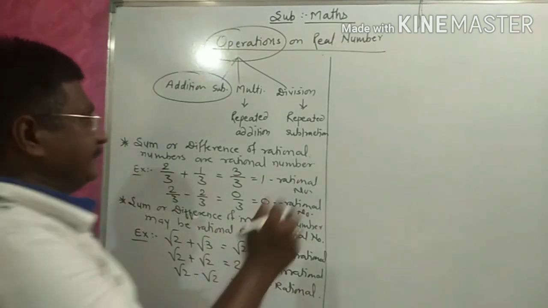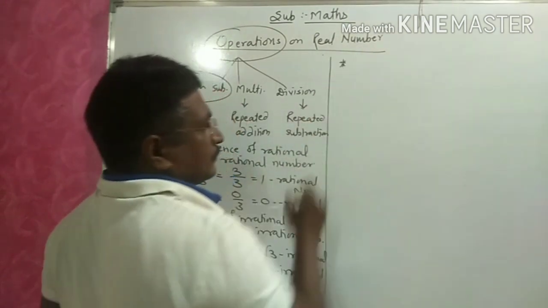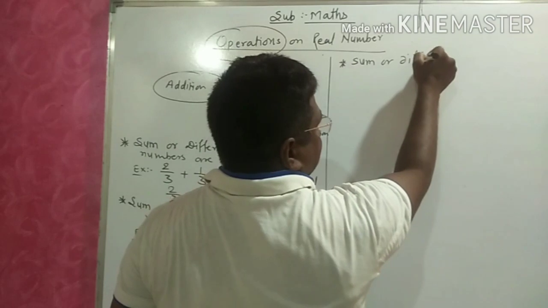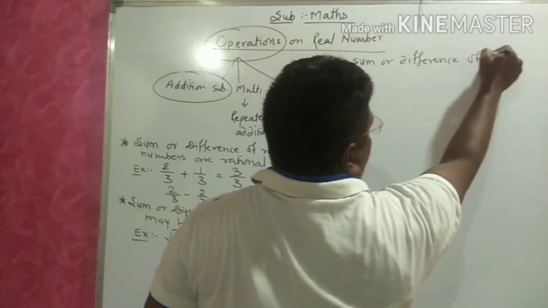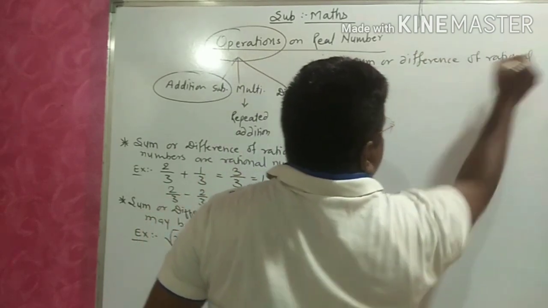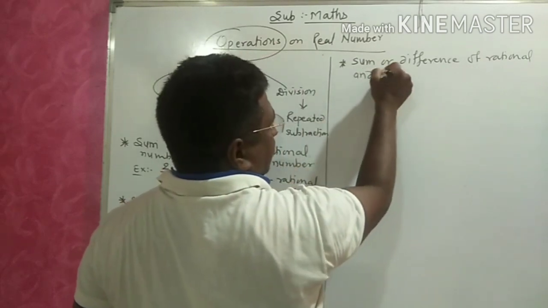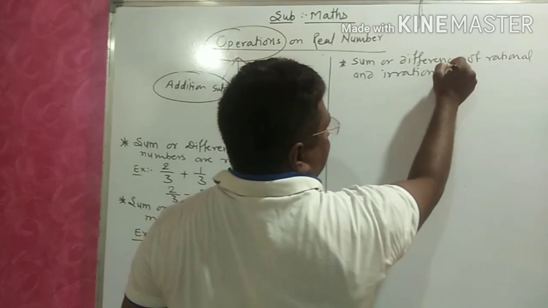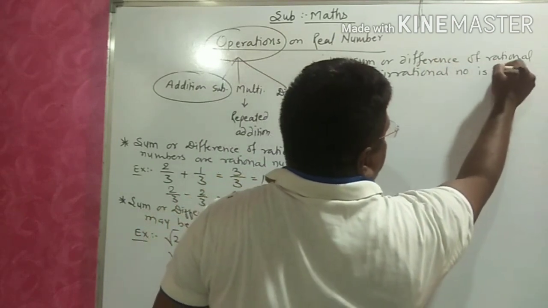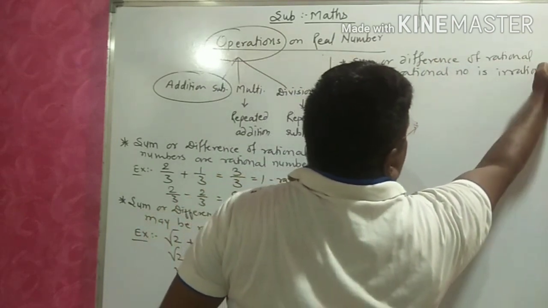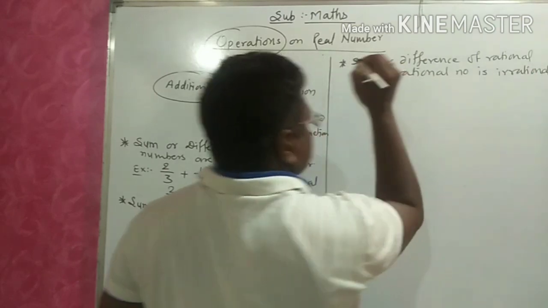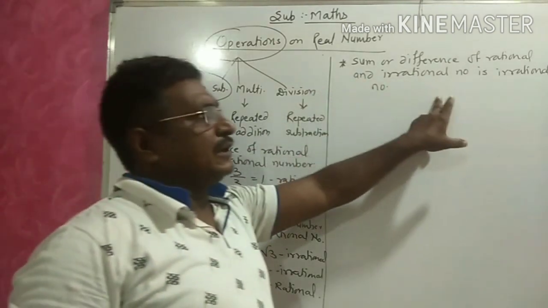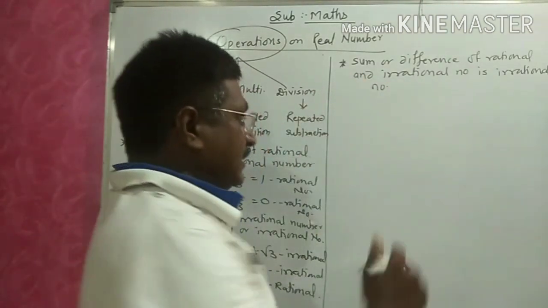Now the third point. The sum or difference of a rational and an irrational number is an irrational number.